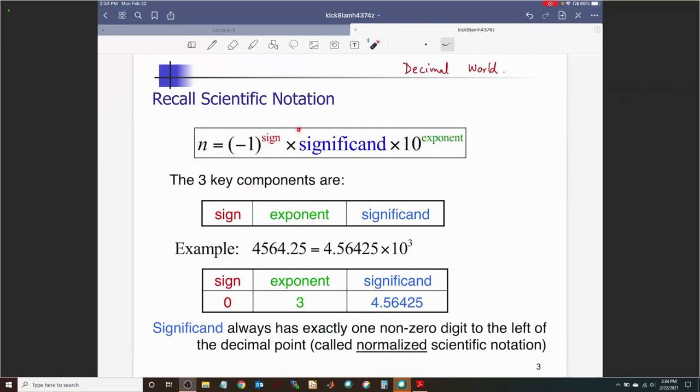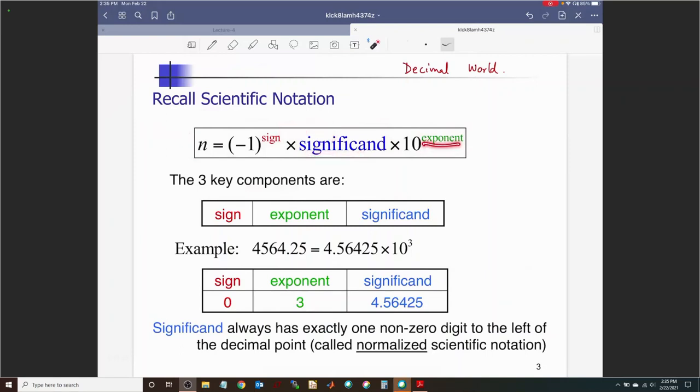The second one is significant, right? So that is essentially your value of the number, but you could also use that in the form of times 10 to the exponent, where you can change the value of the exponent to essentially move the decimal point around. So for example, if you have a negative exponent, that means that the significant needs to move that decimal point to the left.